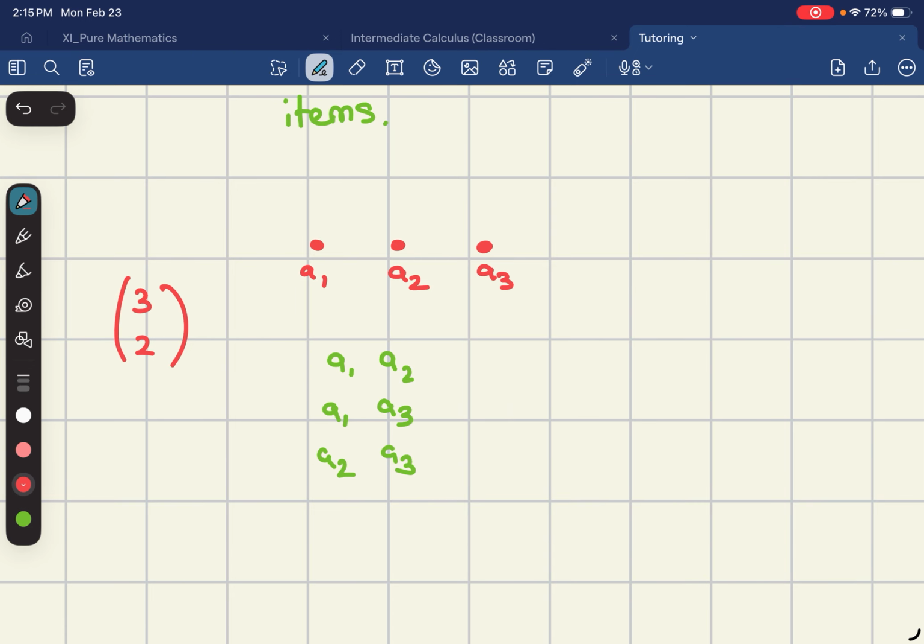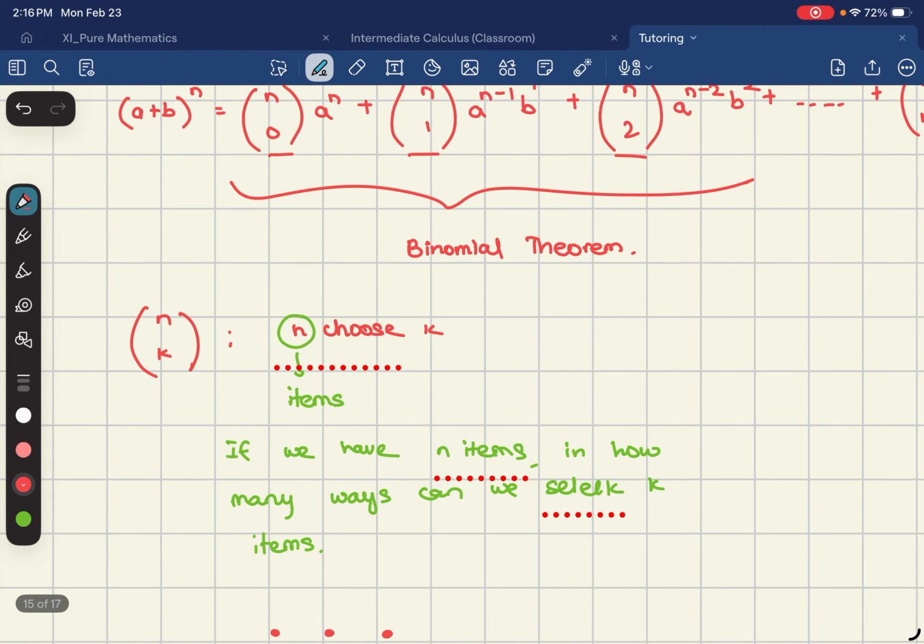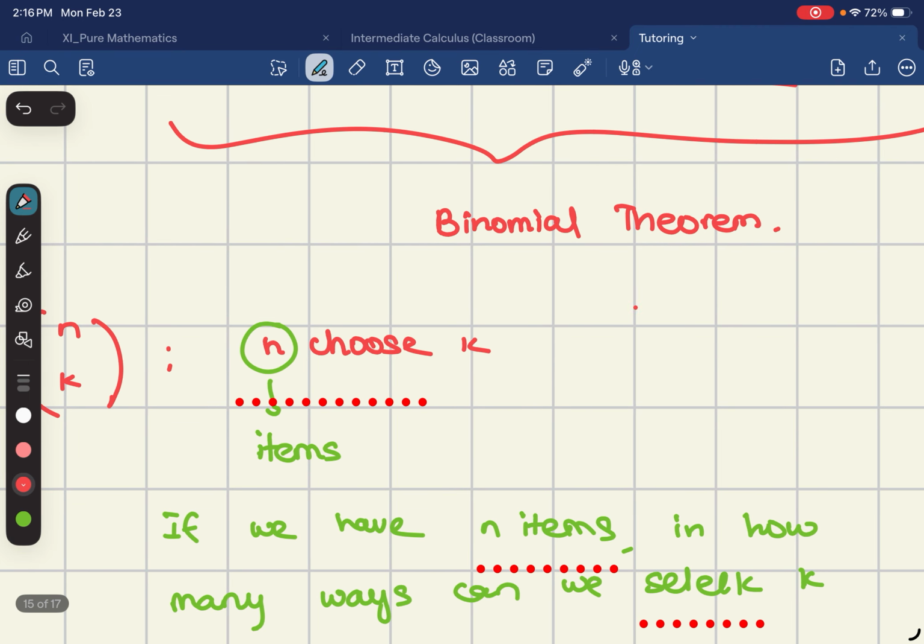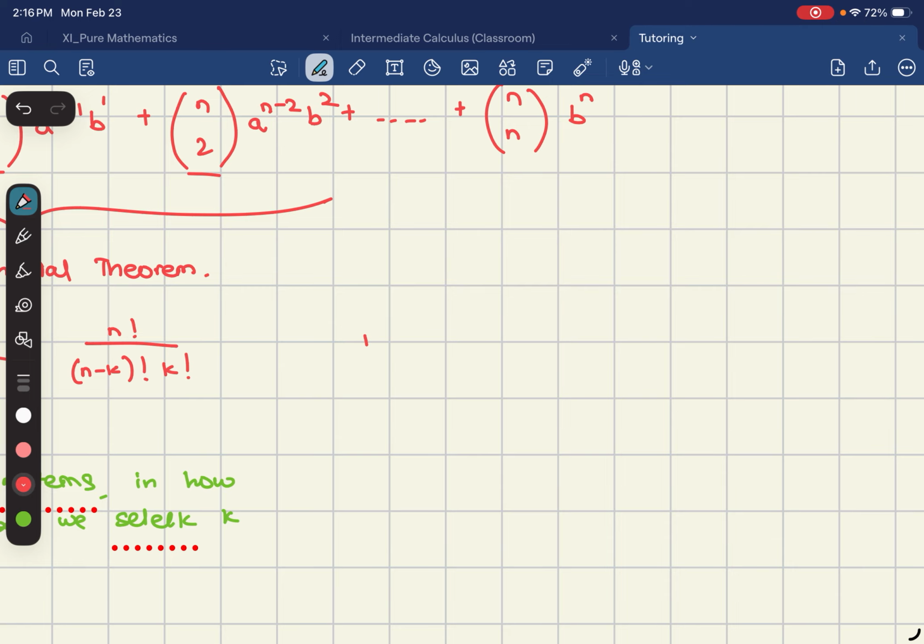So this tells me that if I have 3 items and I need to select 2, then there are 3 different ways. Now, the formula for n choose k is given by n factorial divided by (n minus k) factorial times k factorial. And just a quick recap, n factorial is n times n minus 1 times n minus 2 all the way up until 1.